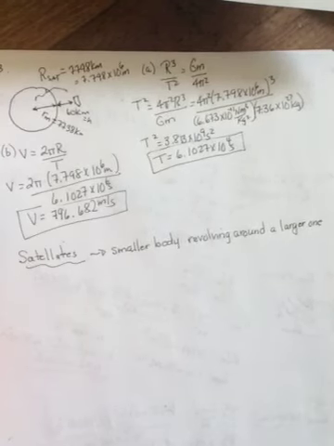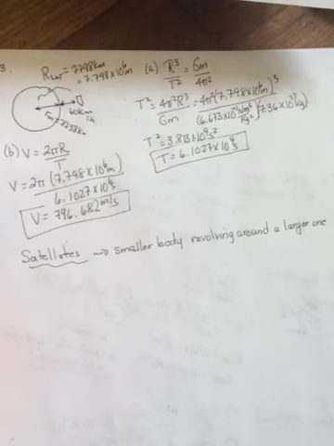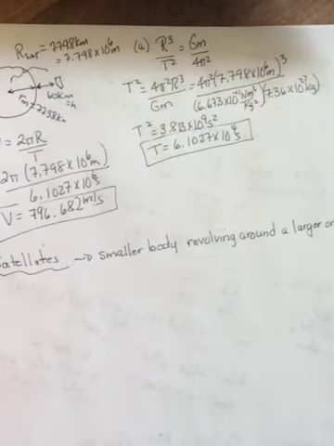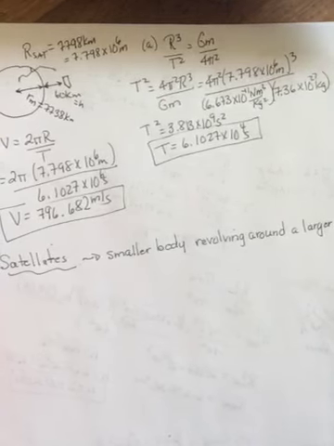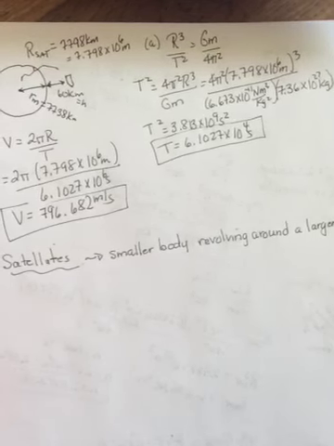So, yeah, we have television satellites and GPS satellites and all of those orbiting the Earth. But if it's any smaller body orbiting a larger one, then it means that the planets are satellites of the sun. And the moon is a satellite of the Earth.